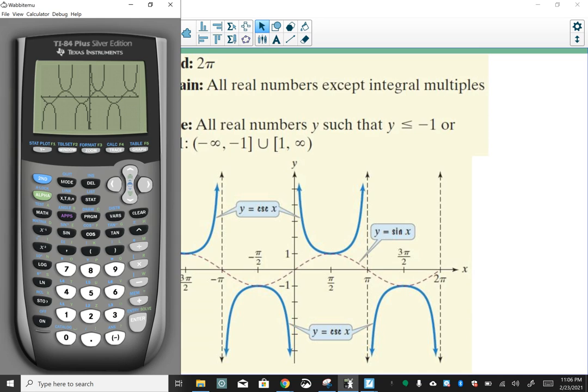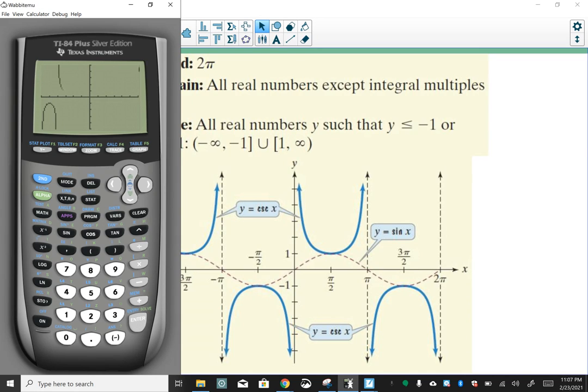So if you notice, every time I have a peak here, that is where my cosecant will come down. It'll touch that peak and go back up. And again, if you notice right here, that's where your asymptotes are at. So I'm going to turn off the sine graph so you can get a clearer picture here.